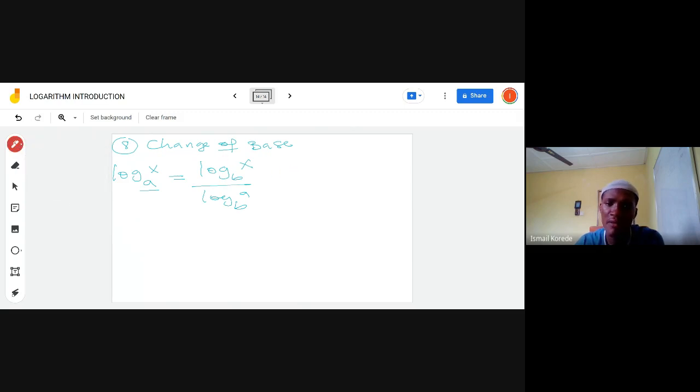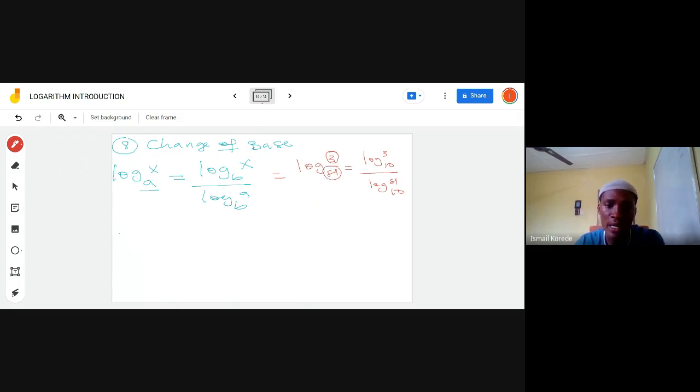So we have log 3 base 81. Now let's change the base into something new. Let's change the base into base 10. So I'm going to have log 3 base 10 over log 81 base 10. Yes, you can see this is going to have its own new log to the new base.